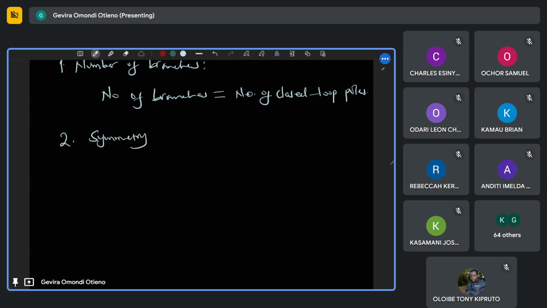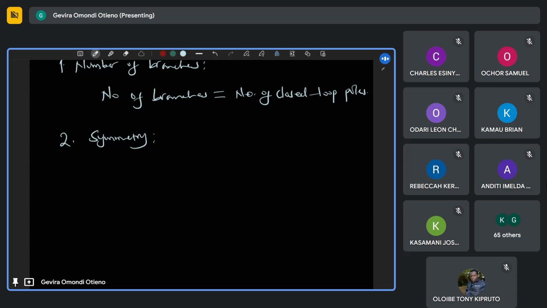Remember, we are using certain skills or rules that are going to help us to quickly draw a root locus without having to do tedious mathematical computations. Now, the rule on symmetry is that the roots of the characteristic equation can either be real, they can be complex, or it can be both real and complex. Okay?